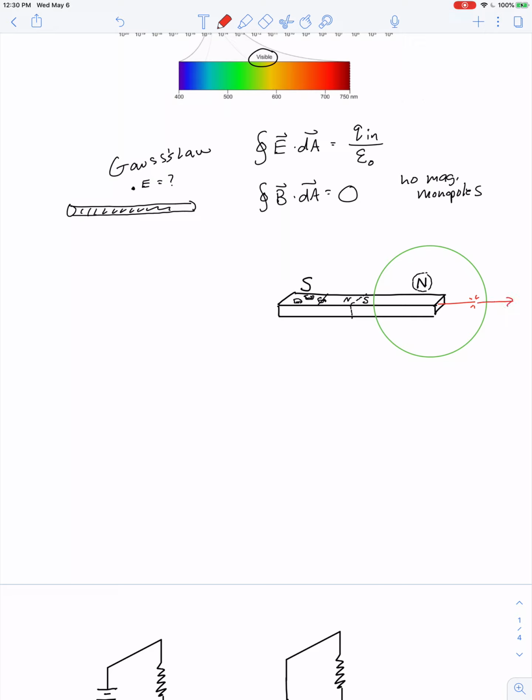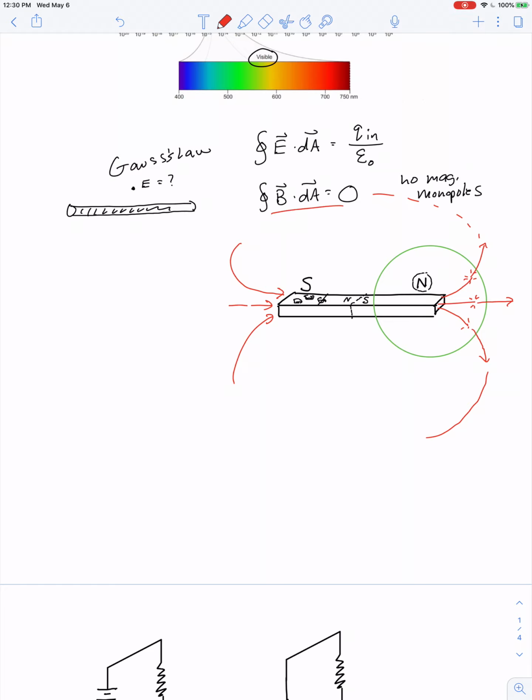So there's some outward flux, and there's another field line curving this way, and it punctures through our Gaussian surface and carries on. Now I know these field lines are going to eventually curve and come into the south pole. So you see we have outward flux but no inward flux.